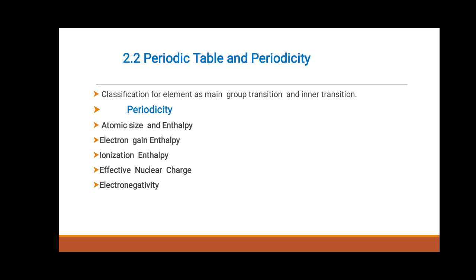In 1860, about 60 elements were known and a method was needed for organization. The Russian scientist Mendeleev proposed arranging the elements on the basis of atomic weight and their properties.